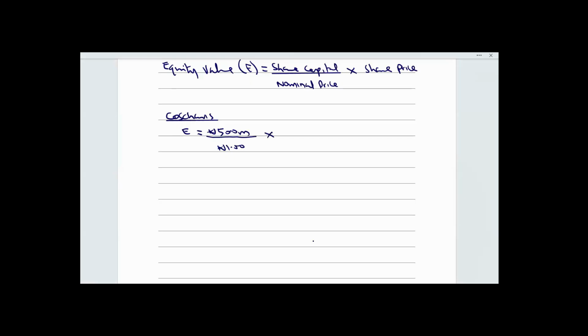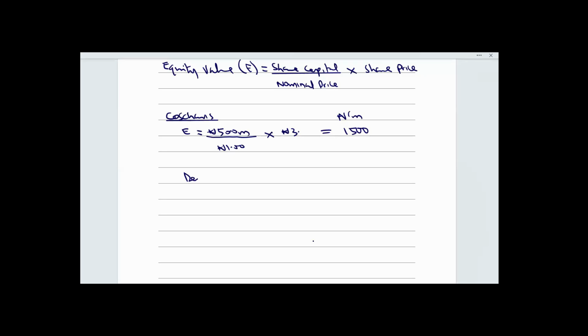Then multiply by the share price of Costaris, which according to the table in the question is 3 naira. So when you multiply, this will give us 1,500. Figures are in million.